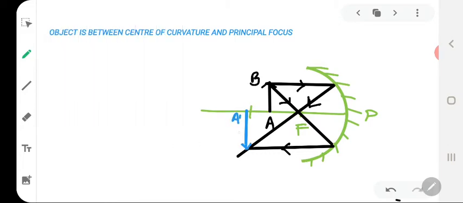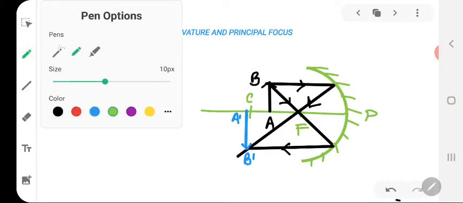Let us name it as A dash and B dash, and let me mark the center of curvature. This is C. So this is how the image is going to be formed.